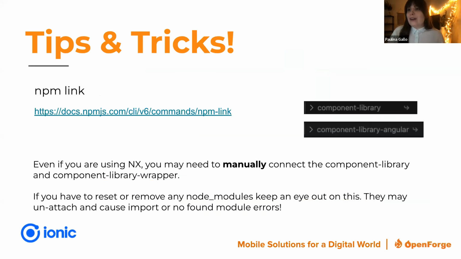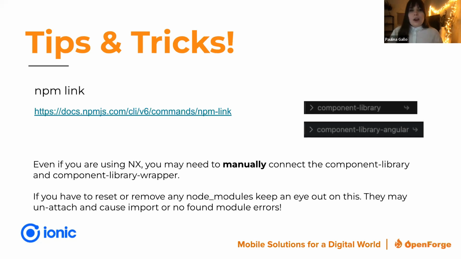I know, Fernando, you and I had a lot of conversation around NPM link. So being able to link the stencil components to the component library, to the stencil wrapper, to Angular. We ended up having a lot of trouble with that. And we thought with using NX that it would automatically do that for us.